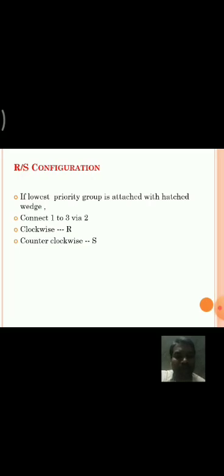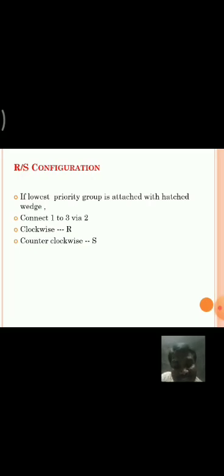If the fourth priority group, or the least priority group, is attached with hatched wedge bond, then first of all we have to give priority to the four groups. In that, the fourth priority group should be attached with hatched wedge bond. Then for the remaining three groups, connect the first and third group via second group.